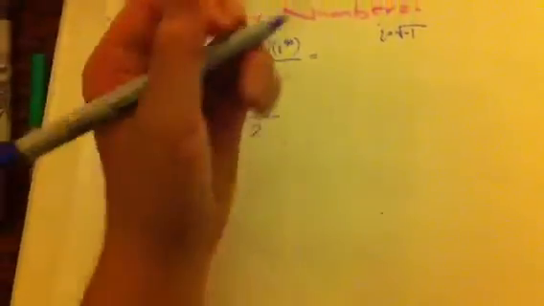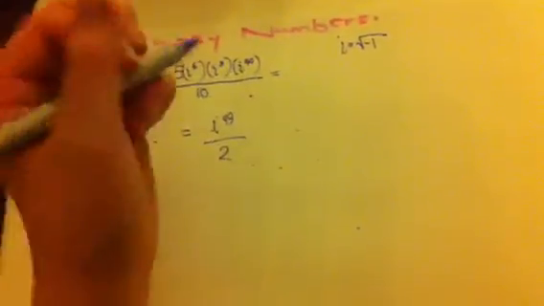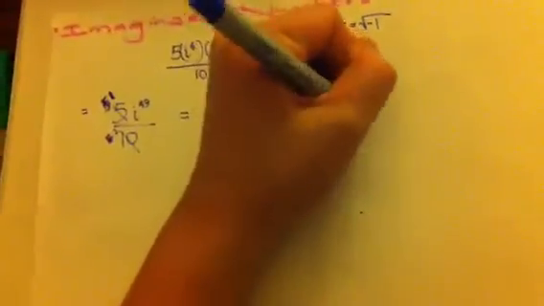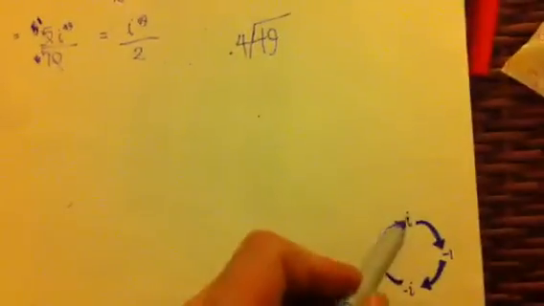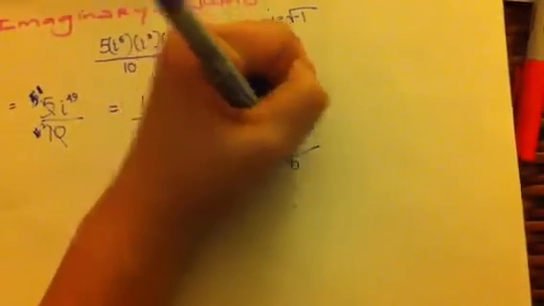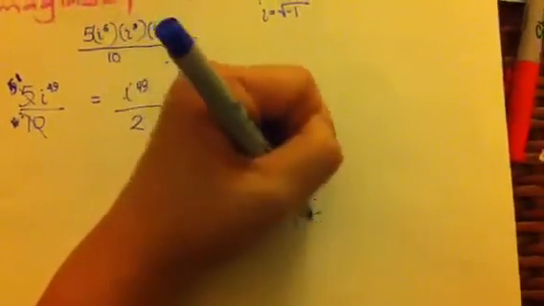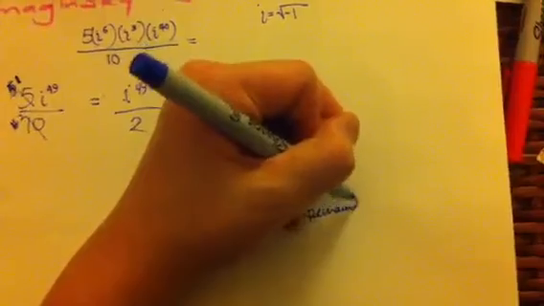So let's go ahead and figure it out: we take 49 and divide it by 4. Why by 4? Again, because i cycles through a 4-point rotation. So 4 goes into 4 once. How many times does it go into 9? Twice. We have 1 left over, 1 as the remainder.